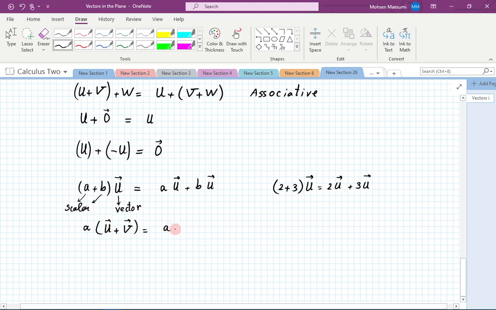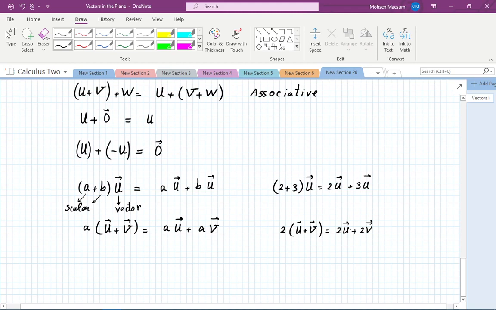This is the same as A times U plus A times V. So what does this mean? If I'm doubling U plus V, it's the same as doubling U first and doubling V next, and then adding them up later on.